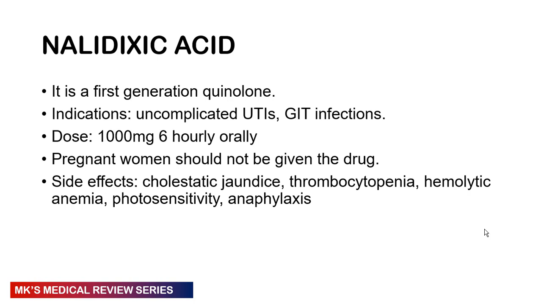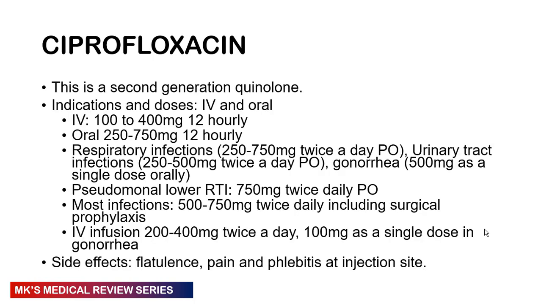Our second generation quinolone is ciprofloxacin, which is another commonly used drug. It can be given IV or orally. IV, the usual dose is 100 to 400 milligrams twice a day. Orally, it can be given at 250 to 750 milligrams 2 times a day, BD.